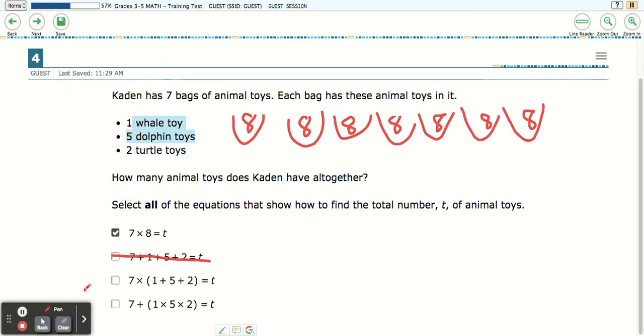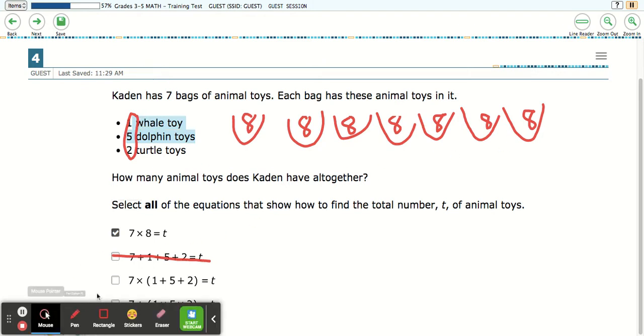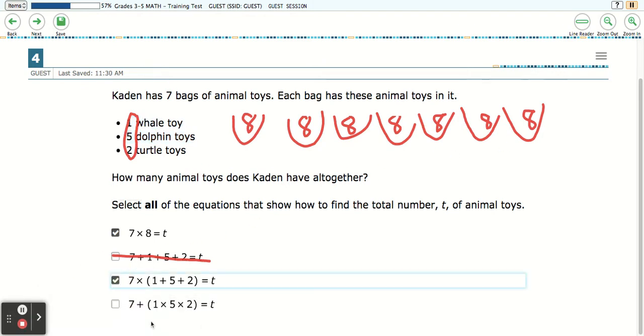That makes sense because I have to add my whale, dolphin, and turtle toys first, then I can multiply them by 7. So that one makes sense. And the last one is 7 plus 1 times 5 times 2. Well, I'm not multiplying these numbers. I'm adding them and I'm multiplying them by 7. So I've selected the 2 equations that I think are the correct ones.